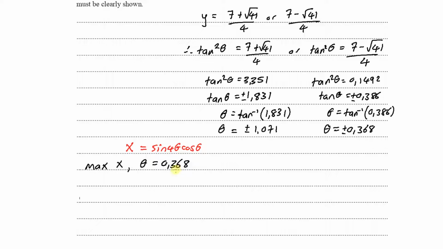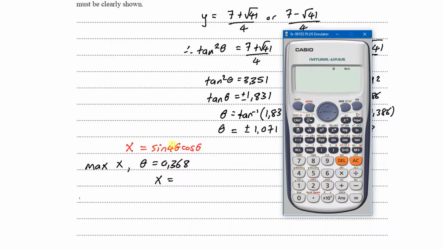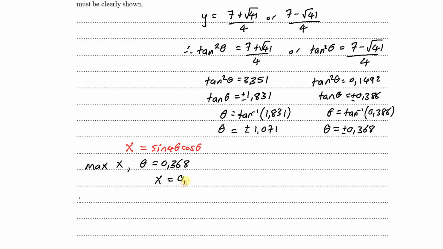So when theta has this value, it means x is equal to, and let's type that in, that's sine of 4 times 0.368 cos of theta, that's 0.368, and we get 0.9284. That's 0.928. So x has a value of 0.928. So this here will be the maximum value of x.